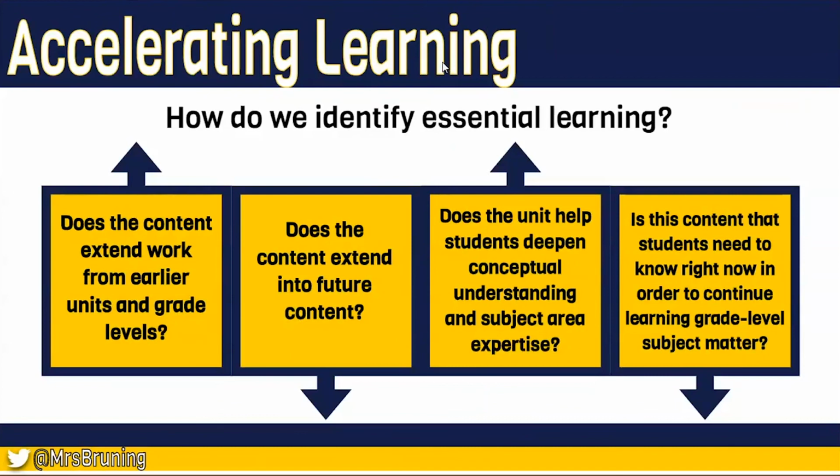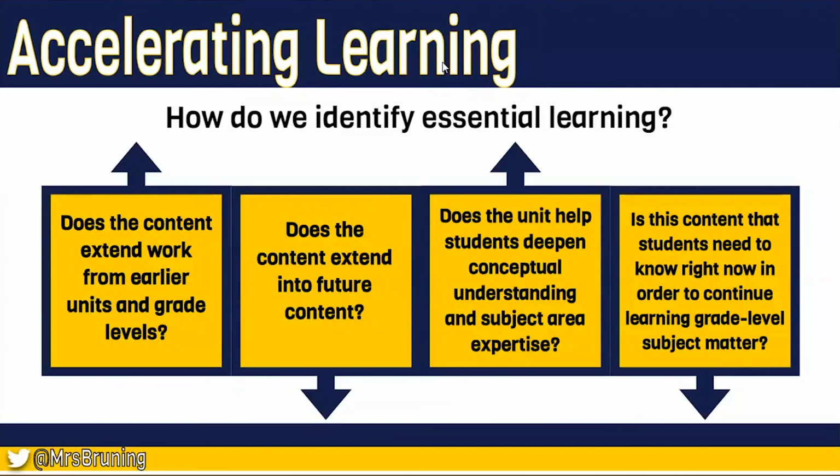So how do you identify essential learning to accelerate learning? Ask yourself these questions to help find the most important content to teach. Does the content extend from earlier units and grade levels? If you're using the area model progression, it most definitely will. Does the content extend into future content? I hope I was able to show you that area models progress into each grade level, building a deeper understanding.